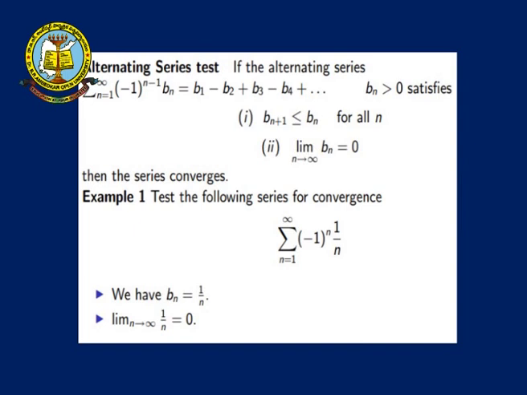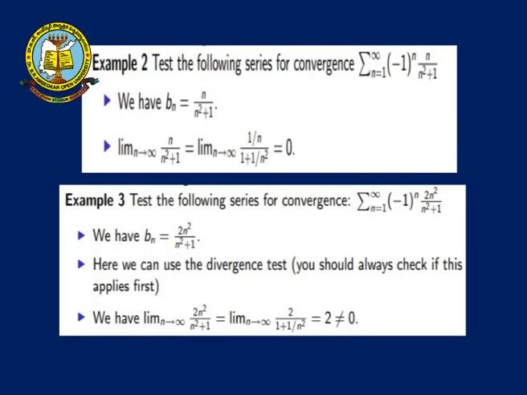Here bn equals 1 by n. As n tends to infinity, the limit of 1 by n equals 1 by infinity, which is 0. It is an alternating series because of the (-1)^n factor, and the limit of 1 by n is equal to 0, therefore the series is convergent.